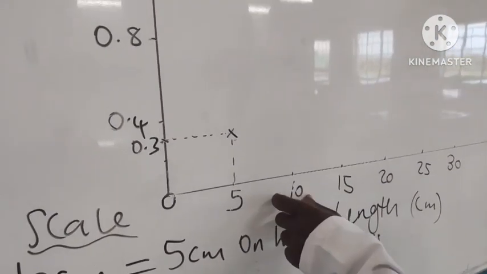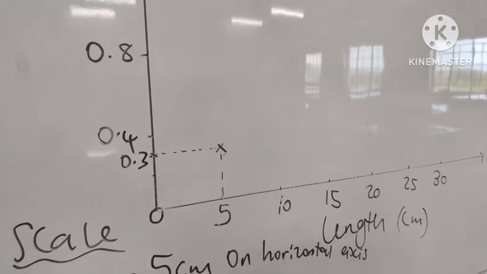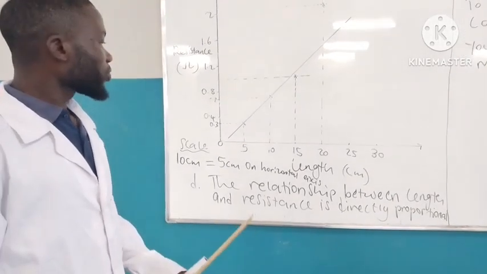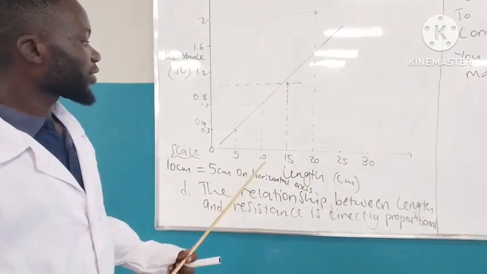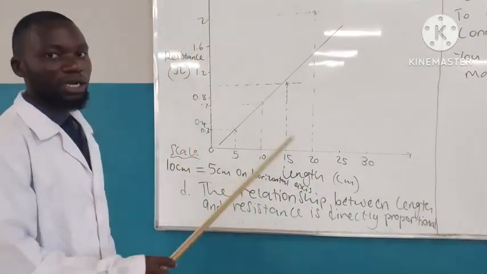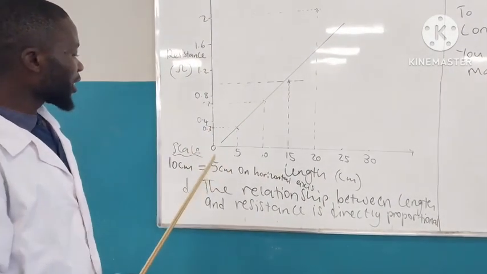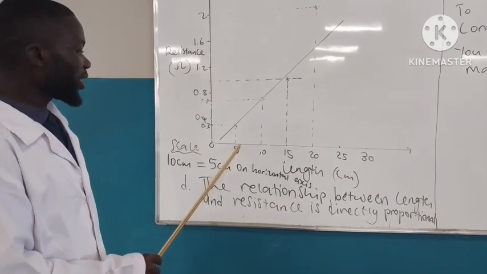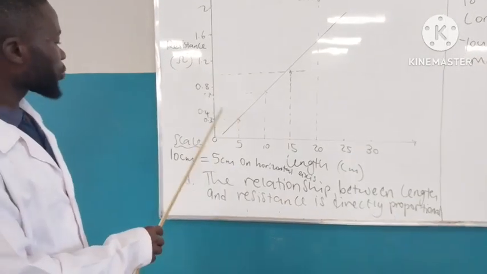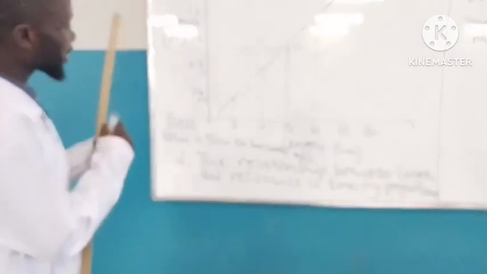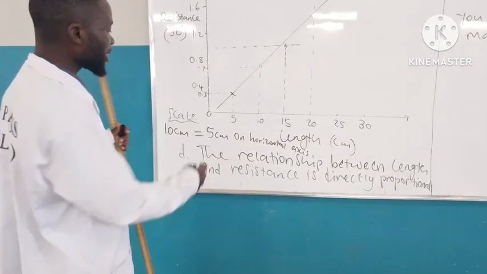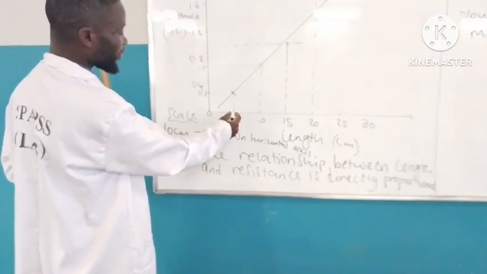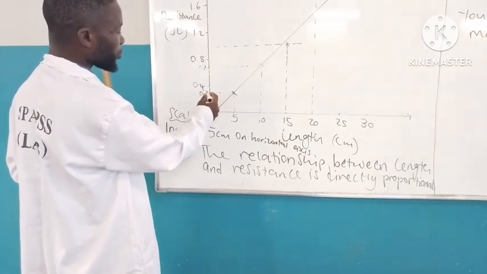Then let's see 10 centimeters. If you transfer the data from the table onto the graph, it will look like this. When the length was 5, the resistance was 0.3. So this star illustrates that when the length was 5, resistance was 0.3.